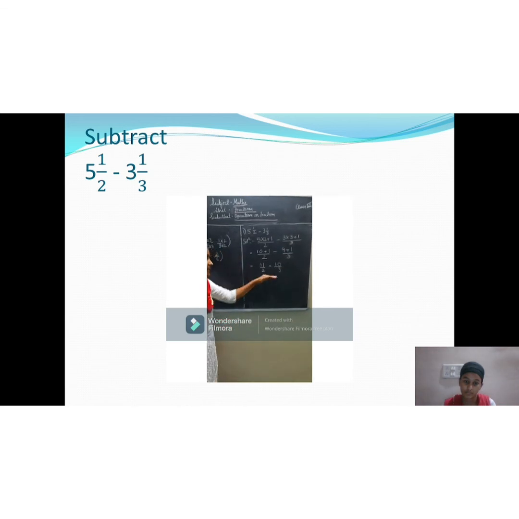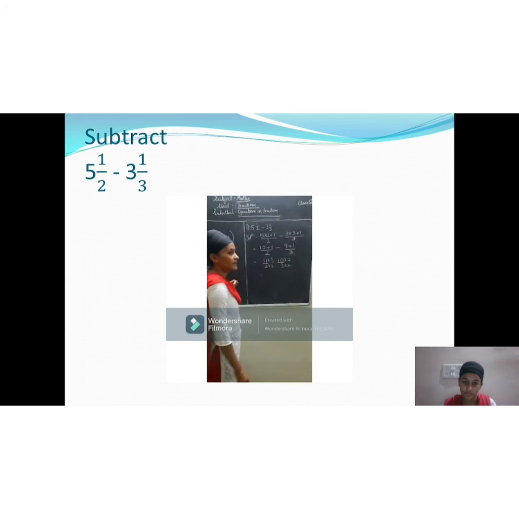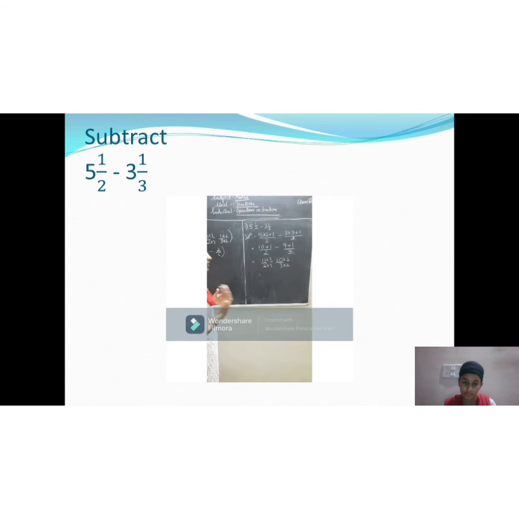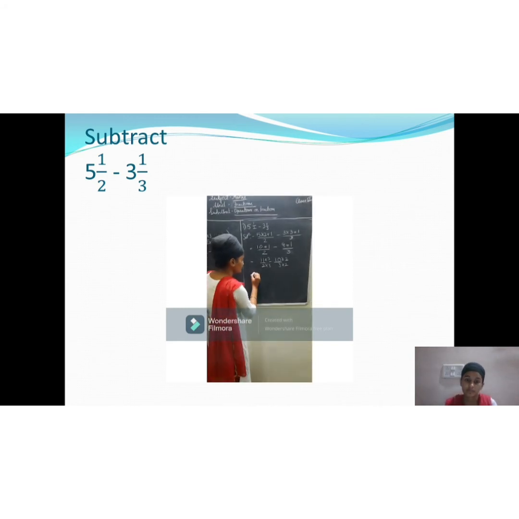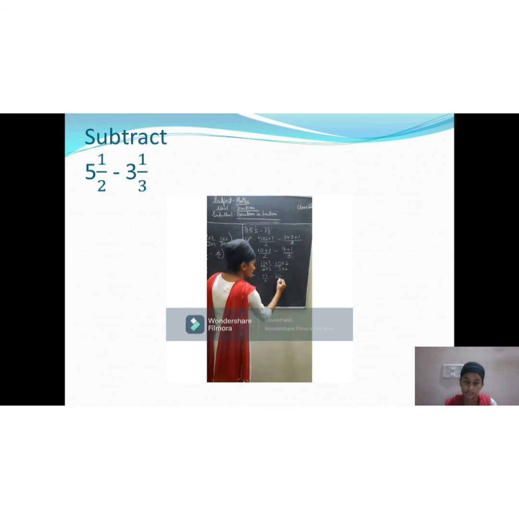Again you will take the LCM of 2 and 3, that is 6. So 2 into 3, 11 into 3, 3 into 2, 10 into 2. You will multiply the denominator and the numerator with the numbers. Now 11 3s are 33 upon 6 minus 10 2s is 20 upon 6.